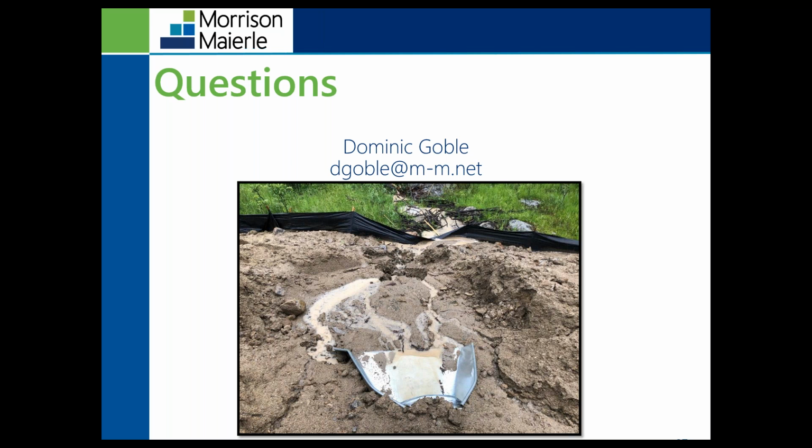Okay, good. Another question that came up was: what are the requirements for how long BMPs have to be in place after construction? That has to do with terminating your permit coverage. If it's a temporary BMP, you'll want to remove it after construction is completed.